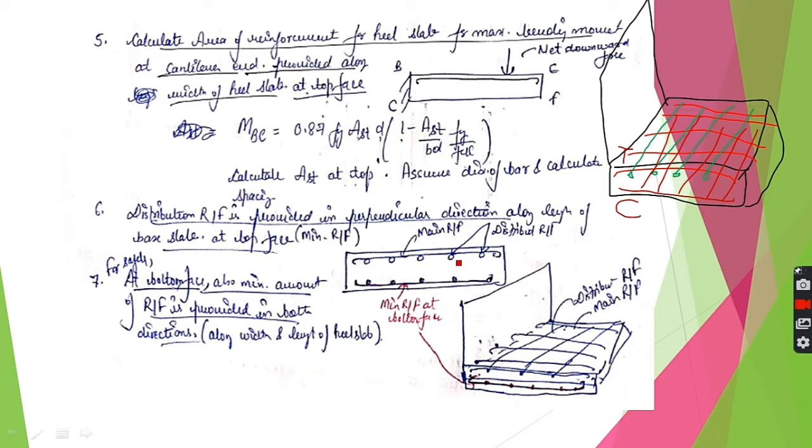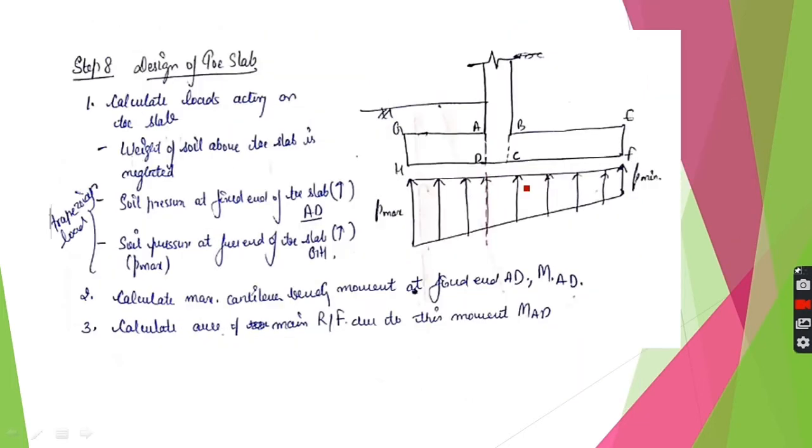These are the dots. So there are 4 types of reinforcement here also. Main reinforcement on the top face along the width of the slab, distribution reinforcement on the top face along the length of the slab in that direction. Next is the minimum reinforcement at the bottom face in both the directions, along the width and along the length. So this is the design for the heel slab.